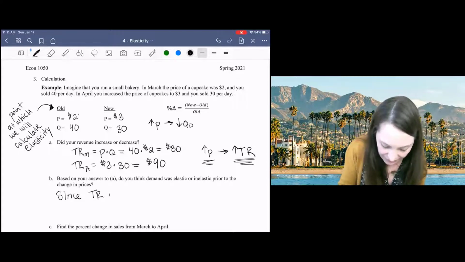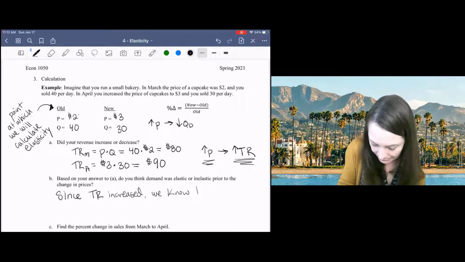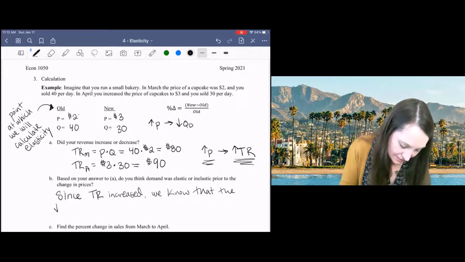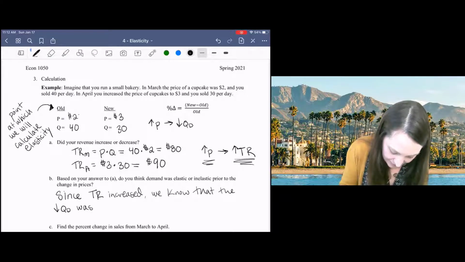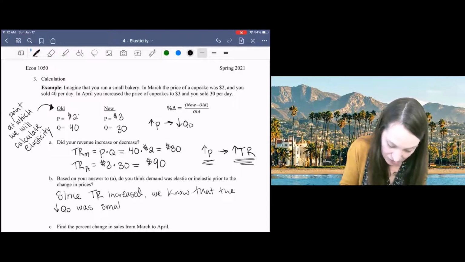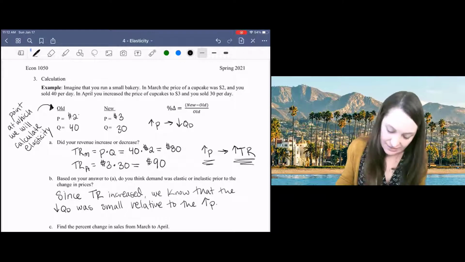Since total revenue increased, we know that the decrease in the quantity demanded was small relative to the increase in price.